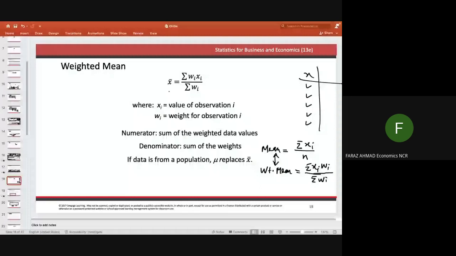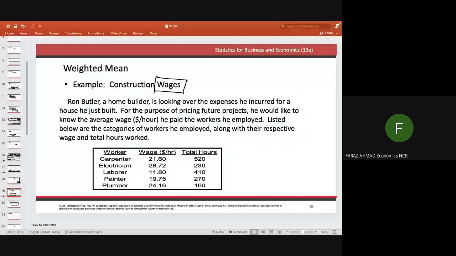In this case, it's a very good example using wages. Ron Butler is a home builder and is looking over the expenses he incurred for a house he just built. For the purpose of pricing future projects, he would like to know the average wage in dollars per hour he paid the workers he employed.